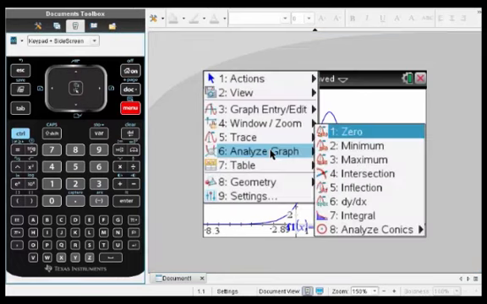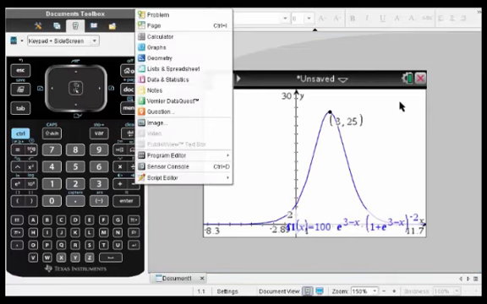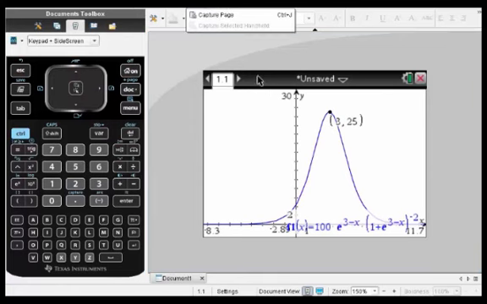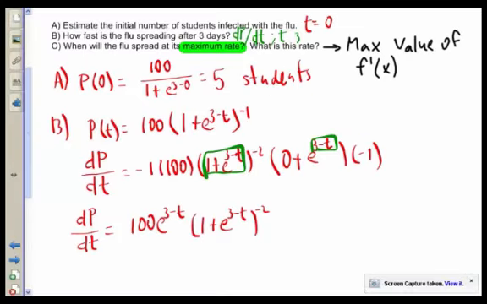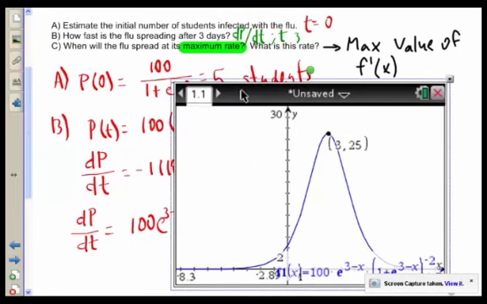So we're going to analyze this graph for a maximum, and we're going to tell it to start and stop. And so we get a maximum value of 325. Well, what does that mean? So over here, we've got our picture.